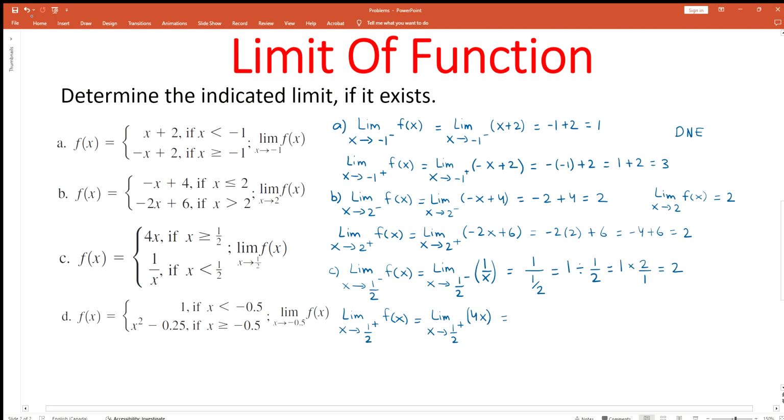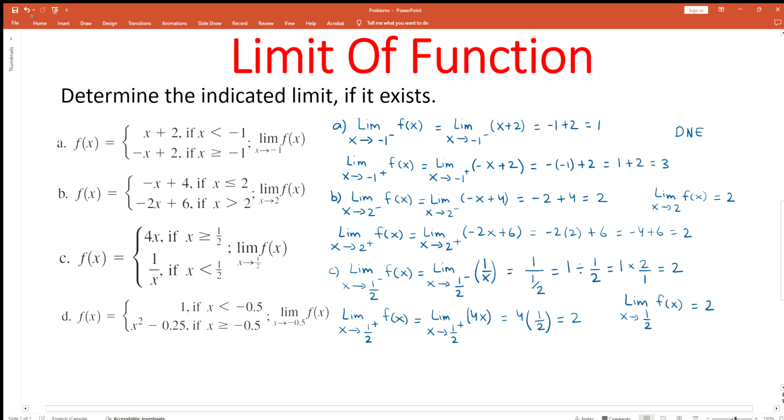We should sub in x as 1 over 2. 4 times half is equal to 2. The value of the right-hand limit is 2. Since the left-hand limit is equal to the right-hand limit, therefore the value of the limit x approaches half for f at x is 2. This is a very important concept we need to understand and memorize.